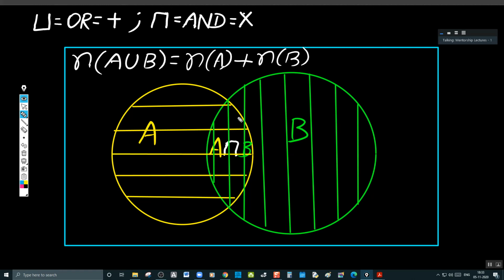That means this intersection part will be repeated twice. That is the reason why you have to subtract once. That's it.